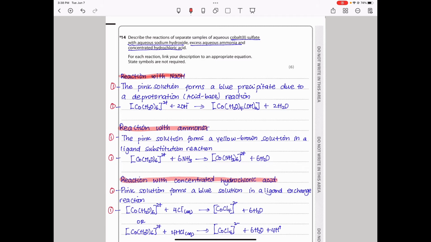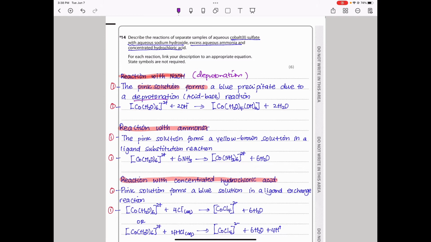When cobalt(II) sulfate reacts with sodium hydroxide, a pink solution is going to form. The pink solution is when it's in the aqueous state. However, a blue precipitate is going to form. Remember, this is a deprotonation reaction, or what you call an acid-base reaction.